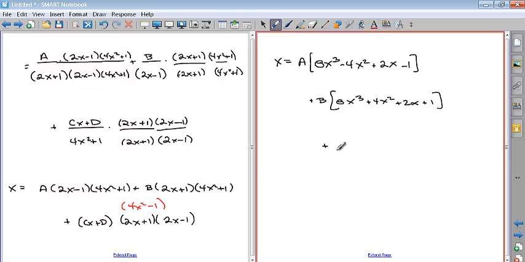So I'll get 4 times c times x cubed, x squared times x. The inner will be plus 4d times x squared, so 4x squared times d. Then I'll have negative cx, negative 1 times cx, and then negative 1 times d.